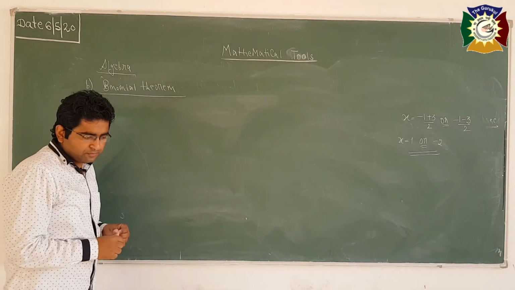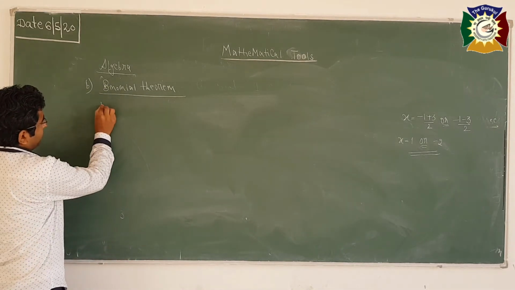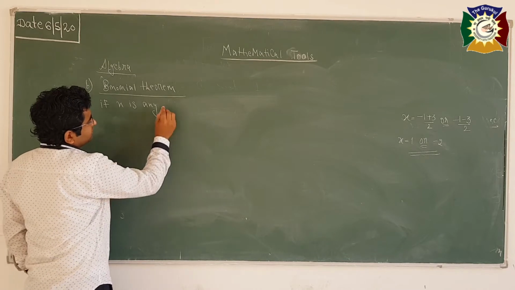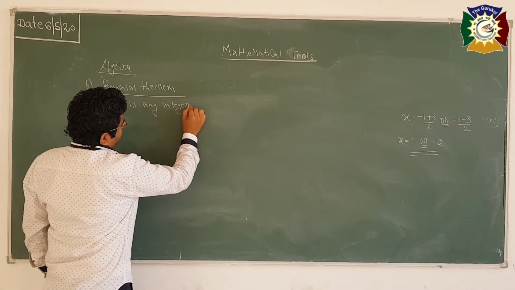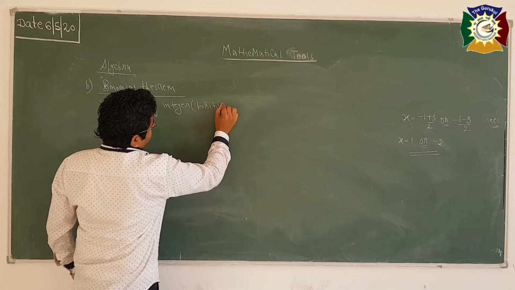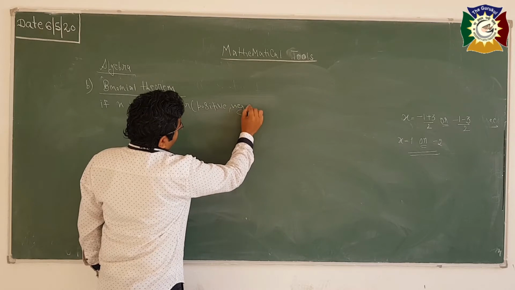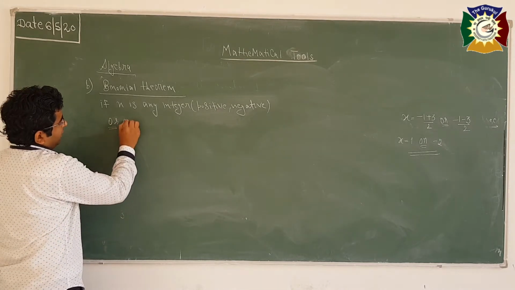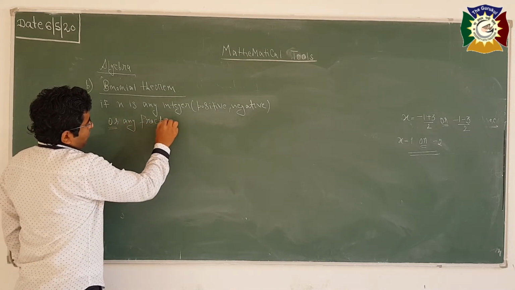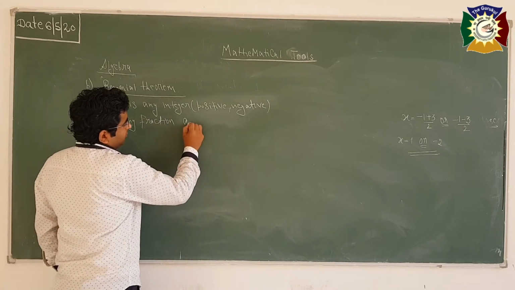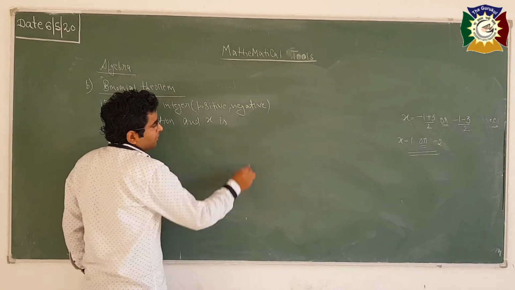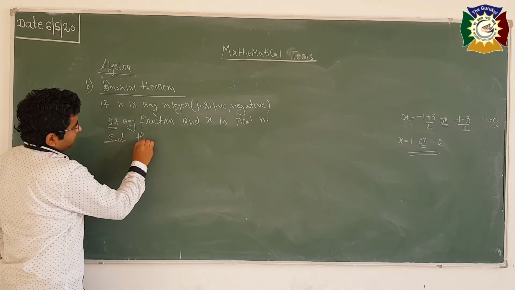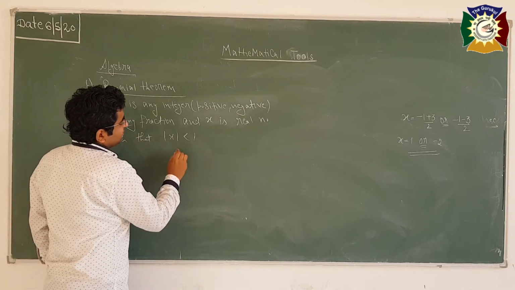Okay, look, if n is any integer, positive or negative, or any fraction, and x is a real number such that mod of x is less than 1.